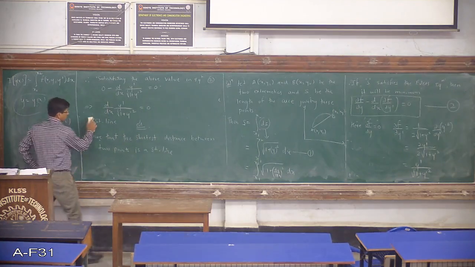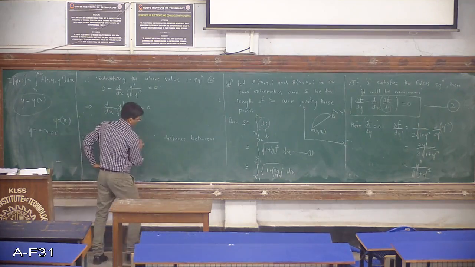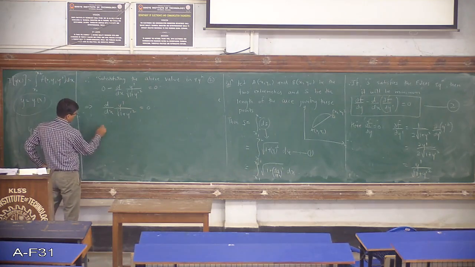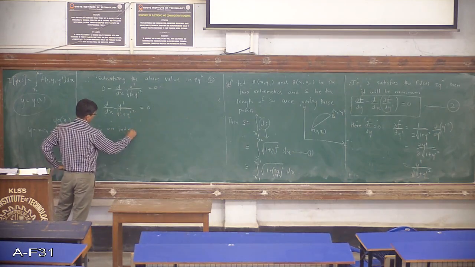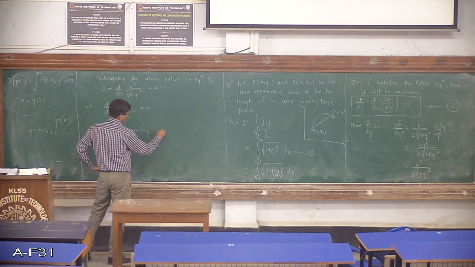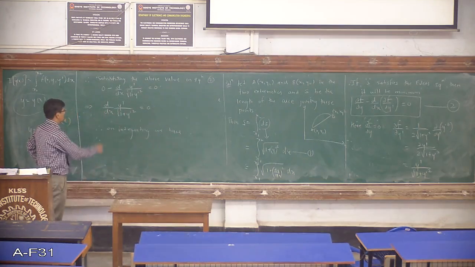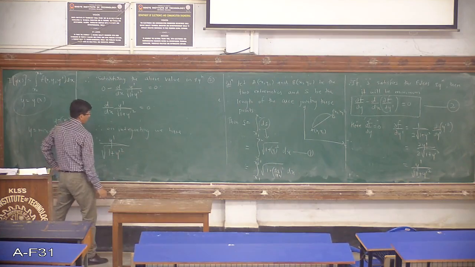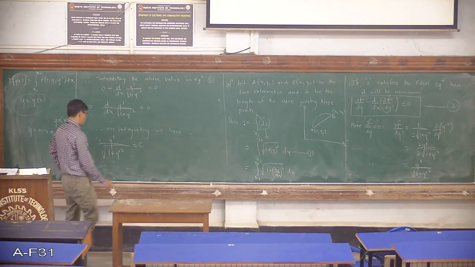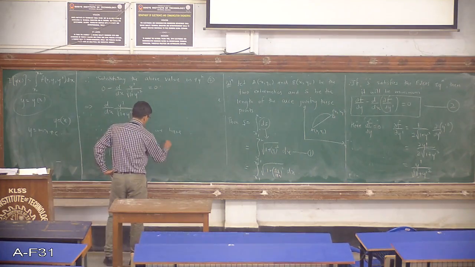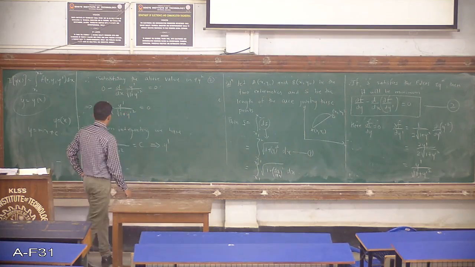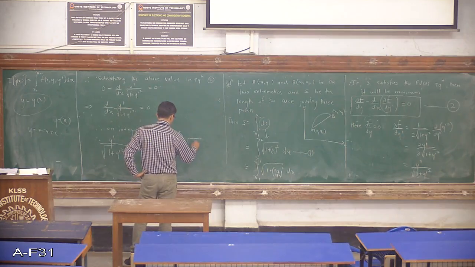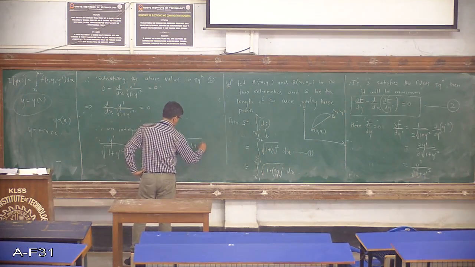Now to this equation, therefore on integrating, we have y prime divided by square root of 1 plus y1 square equal to c, which implies y prime is equal to c into square root of 1 plus y1 square.